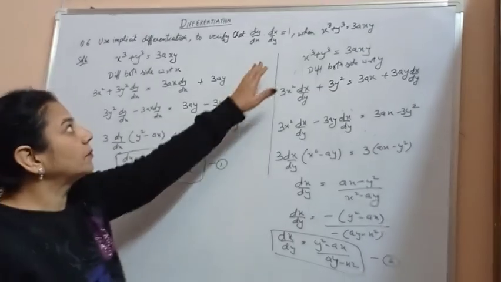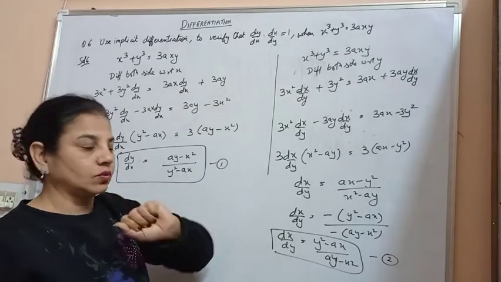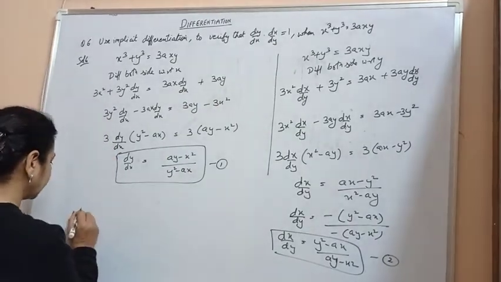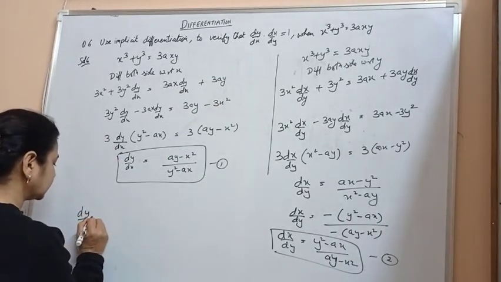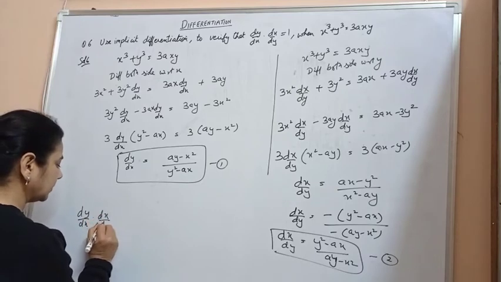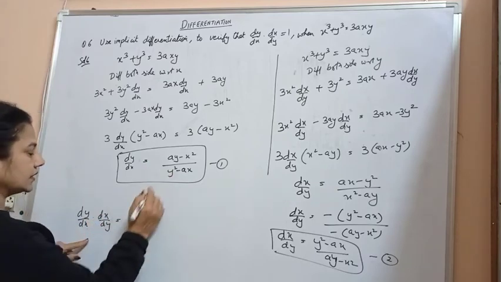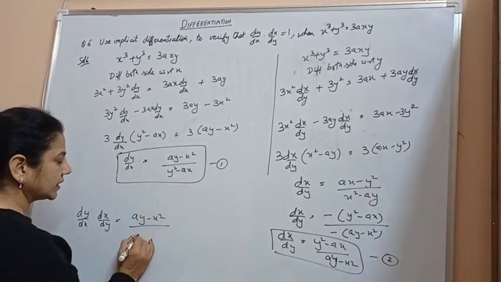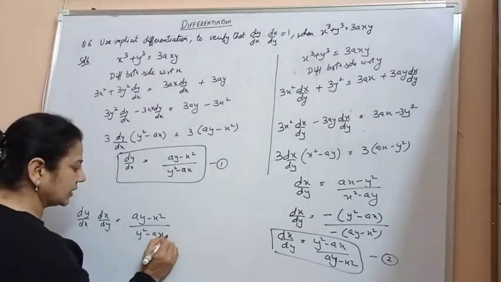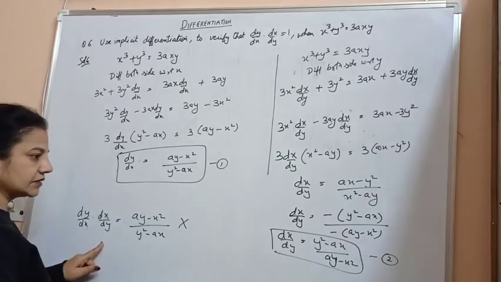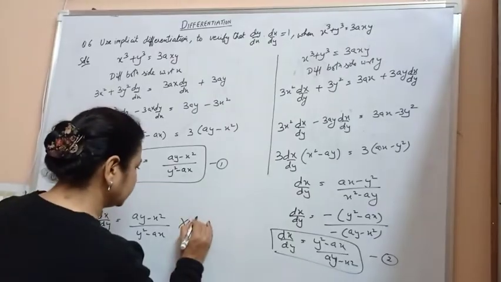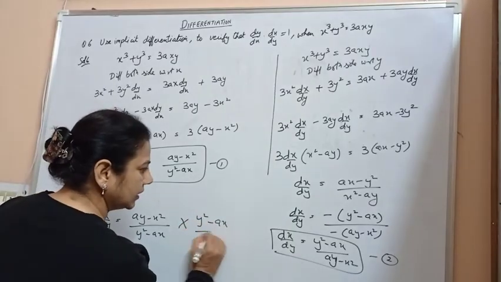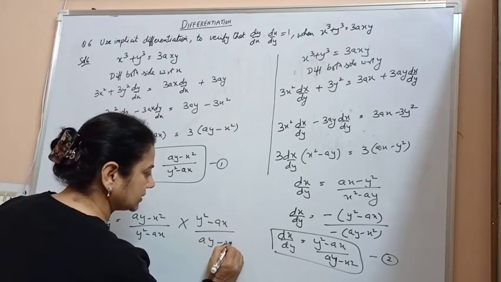Now I have to take the product of these two to show that this is equal to 1. So here I get dy/dx into dx/dy. dy/dx is my first equation, (ay minus x²) upon (y² minus ax), multiplied by dx/dy, my second equation, which is equal to (y² minus ax) upon (ay minus x²).